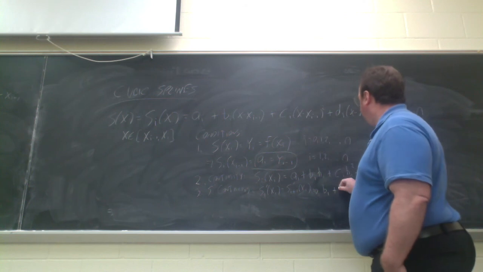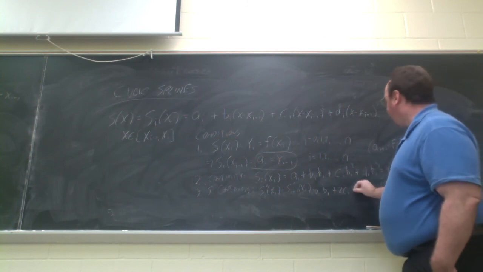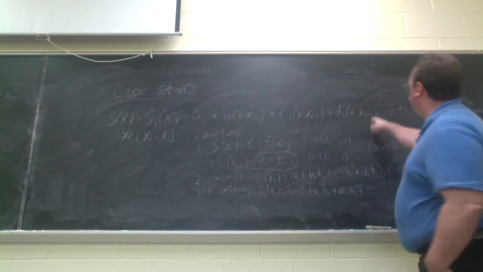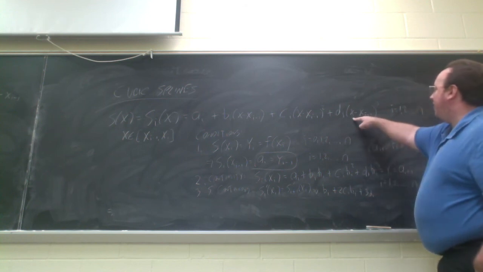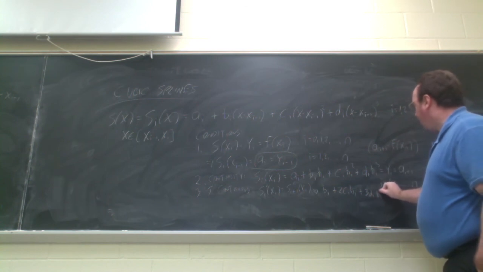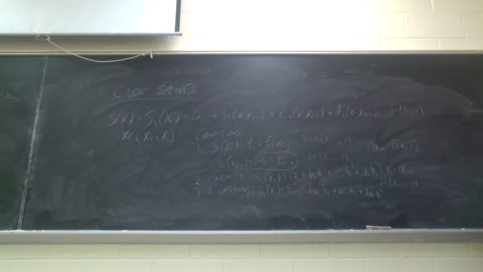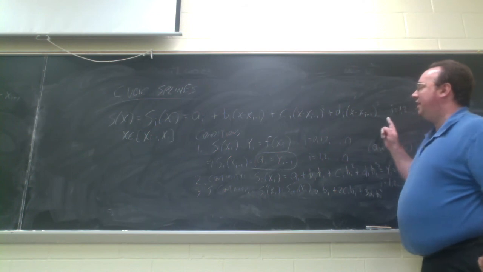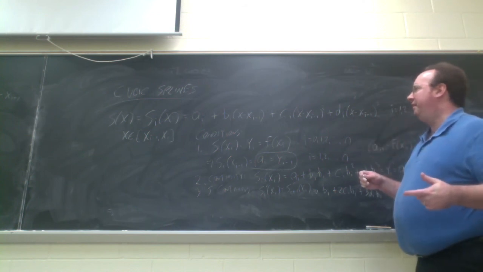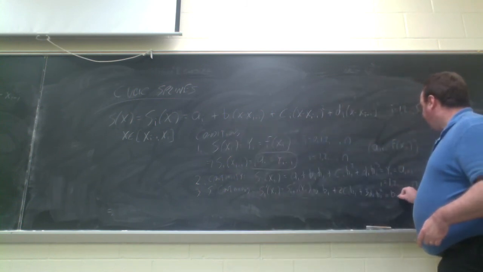Then here I have my linear term, 2ci, and then I plug in x equal to xi, which gives me hi. And then over here, I differentiate this, and I get 3di, and then I plug in xi, so that would be hi squared. So that is equal to the derivative at the right endpoint of each interval. And this has to equal the derivative of the next piece. Well, if I take the derivative of this and I plug in the left endpoint, everything's going to go away except for the b term. I'll get bi plus 1.